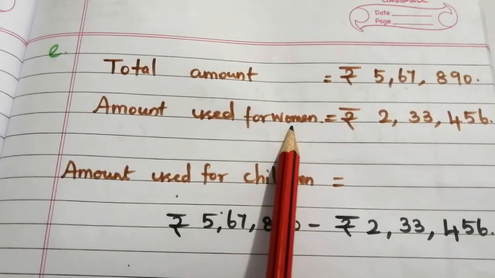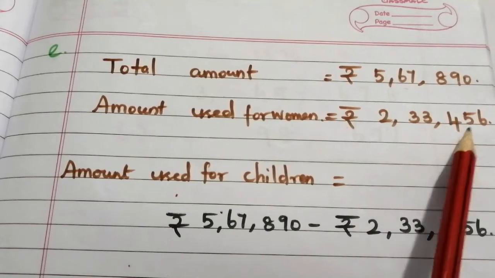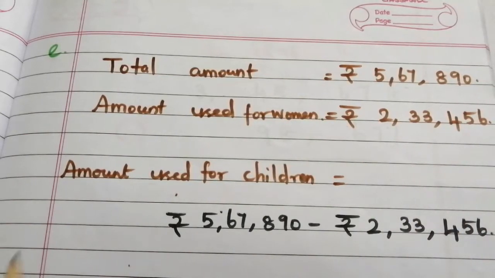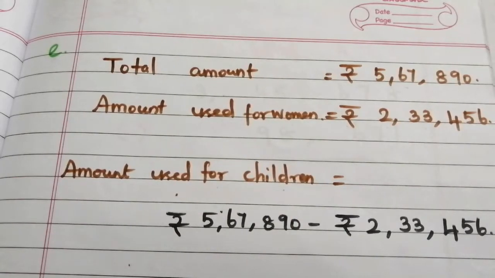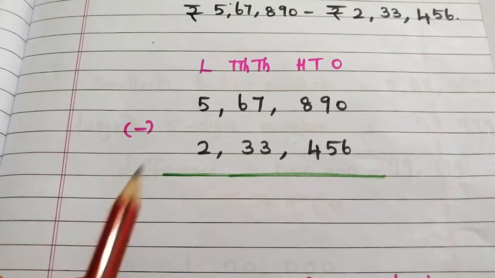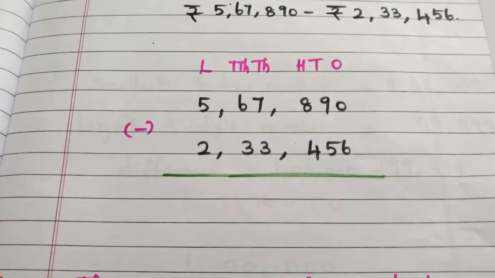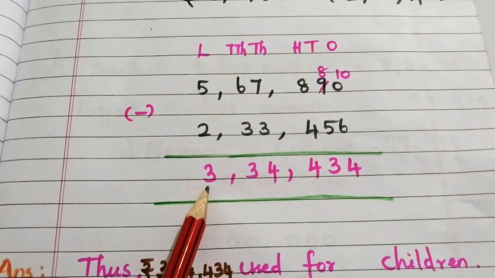Amount used for women welfare equal to rupees 2,33,456. Therefore, amount used for children's scheme equals this minus this. So after writing the data vertically, we have to do the subtraction operation. So after doing subtraction, we get this amount.